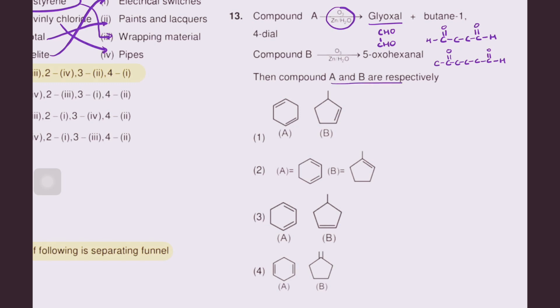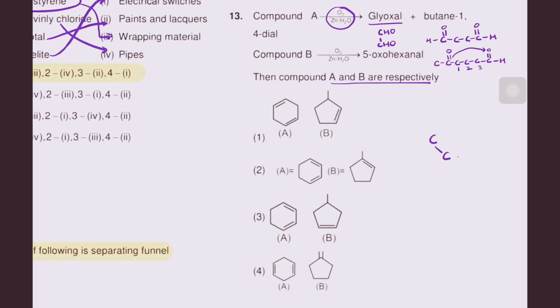So compound A and B are, respectively... that is very simple. We can club the products together and we'll get the starting species. There is a carbon-carbon double bond. How many carbons are in between? 1, 2, 3.